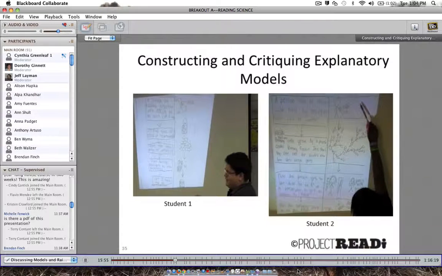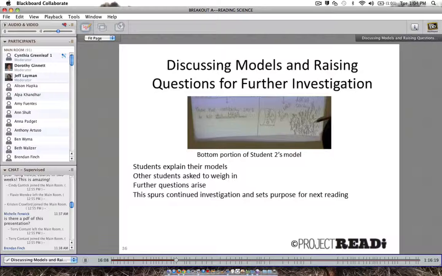Discussion of the various models developed in different groups will then stimulate further inquiry. What's the best explanation given the information and data we have from our reading? How do we know? Next slide. So reading and discussion and explanation spills into more investigation with more text centered on the inquiry questions students have been generating.